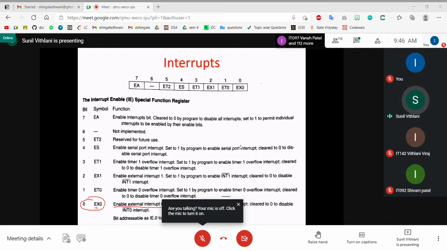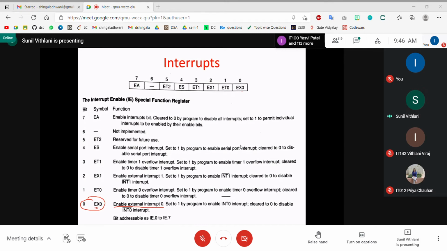जो external interrupt जो आएगा उसको आपको handle करना है या नहीं करना है? The external interrupt which will be provided to your controller, whether you want to handle this external interrupt or not, that will be decided based on this bit. If this bit is 1, then we are allowing it.